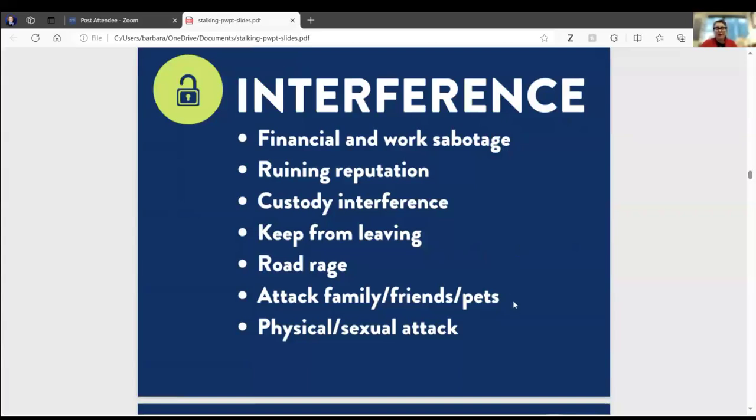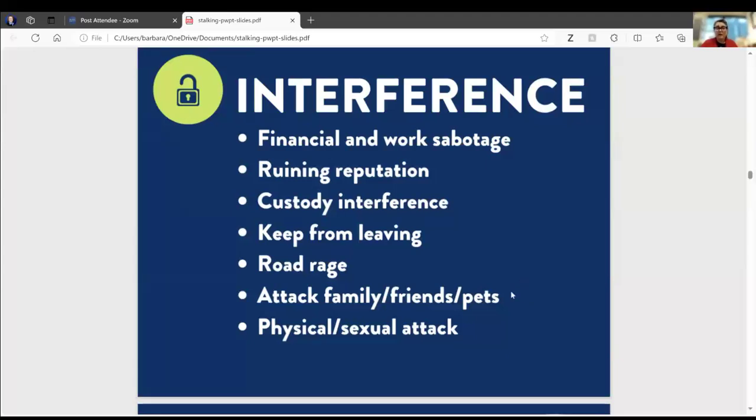They attacked family, friends, and pets. I'm going to include children in this because I think children are the biggest tool that abusers and stalkers use when trying to interfere with a victim trying to leave.